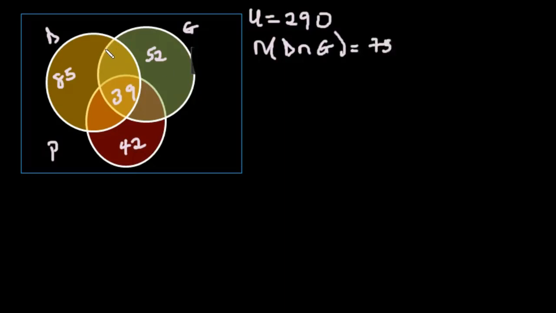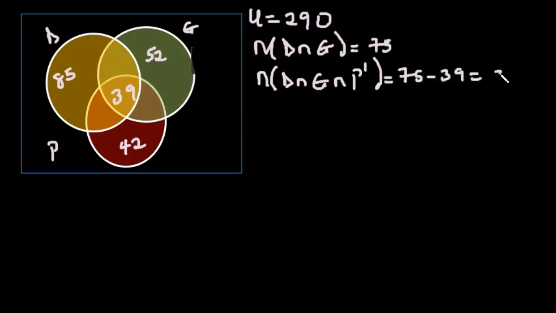But that's the entire intersection here, and we are interested in this part. So what we are looking for now is number of people who read Daily Times and Guardian but do not read Punch. And that's 75 minus X, and our X is 39, and that gives us 36. So we write that here.